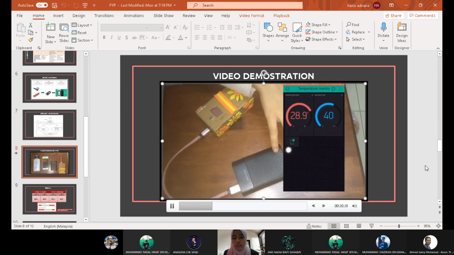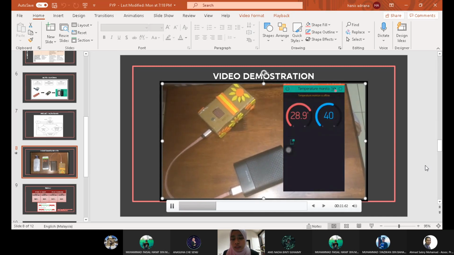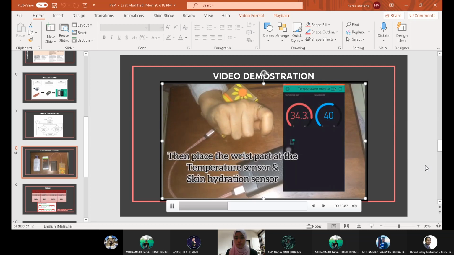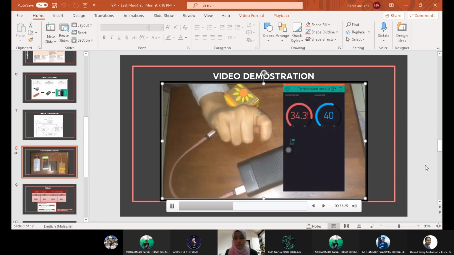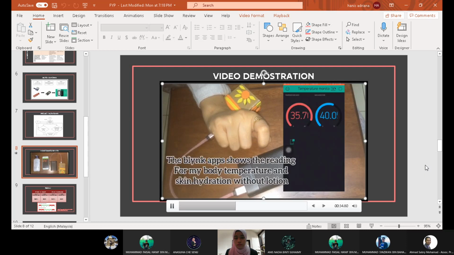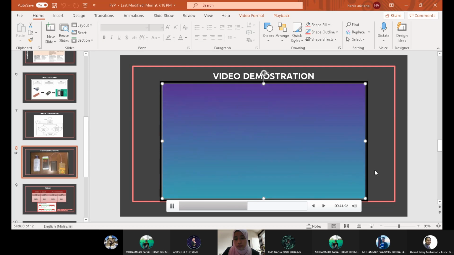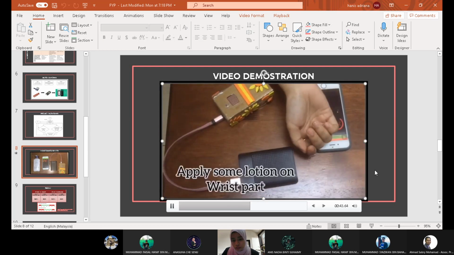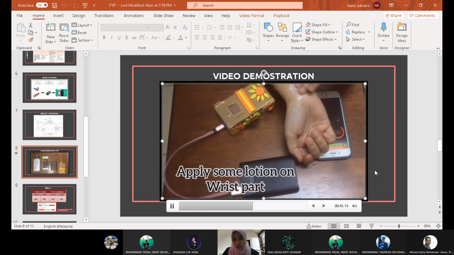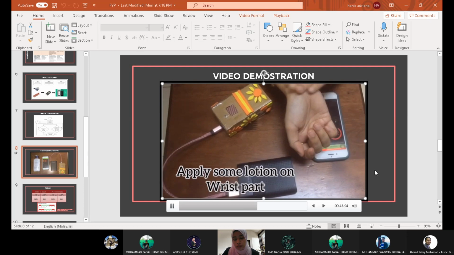For the moisture, I apply lotion. This is the temperature reading, and this is for skin moisture. The next part, I apply lotion at the wrist part.